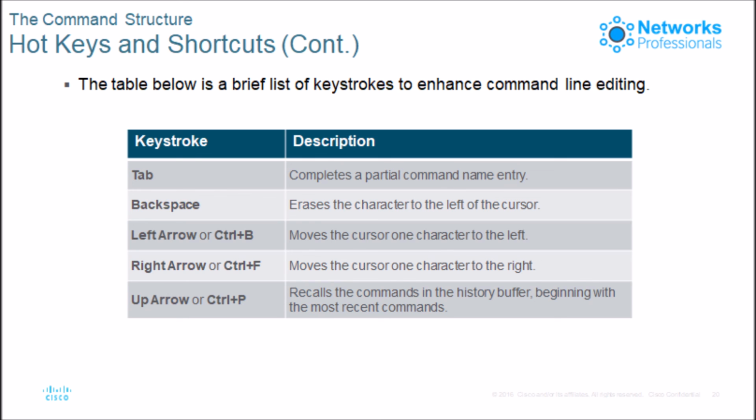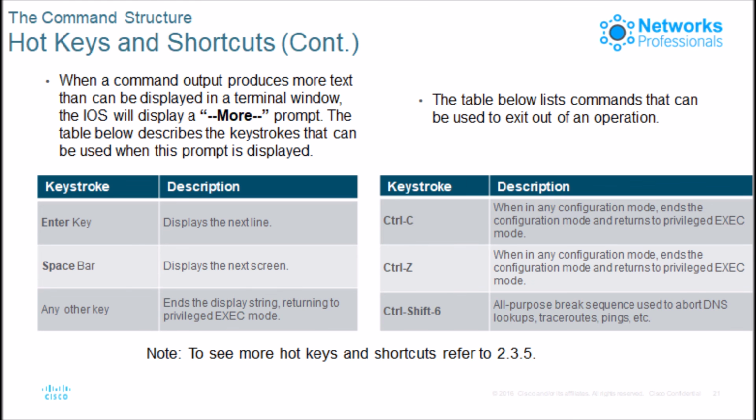You can use Backspace to erase the character to the left of the cursor, or you can use the arrow keys to navigate between previously used commands. In this way, you have no need to write the command once again.